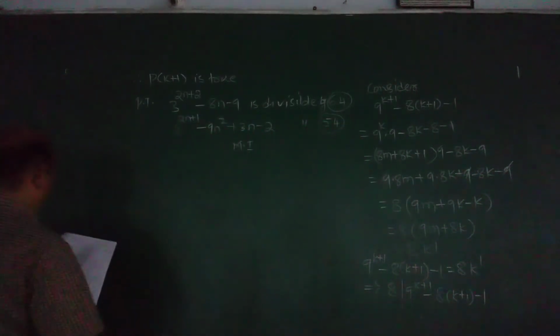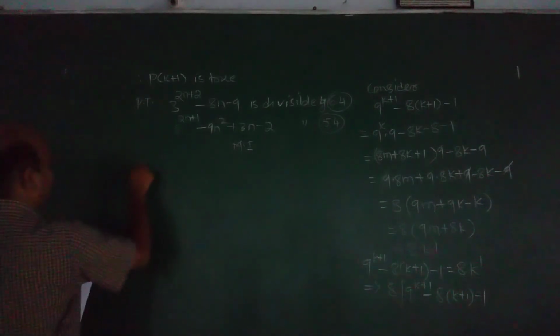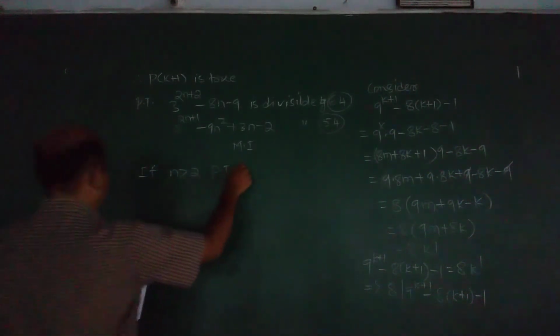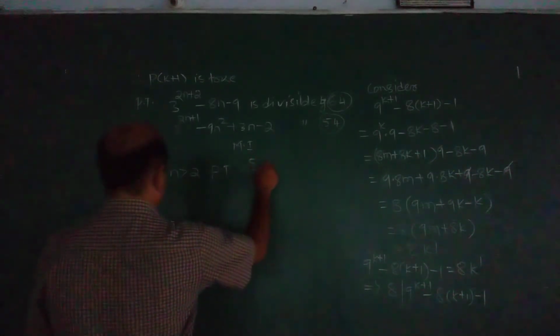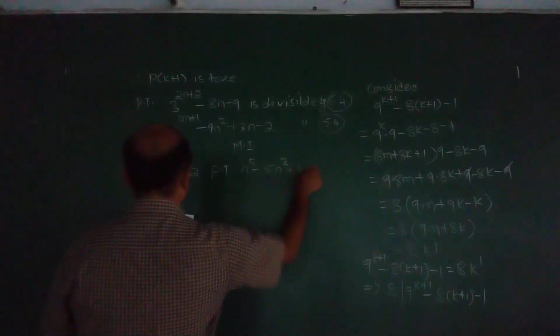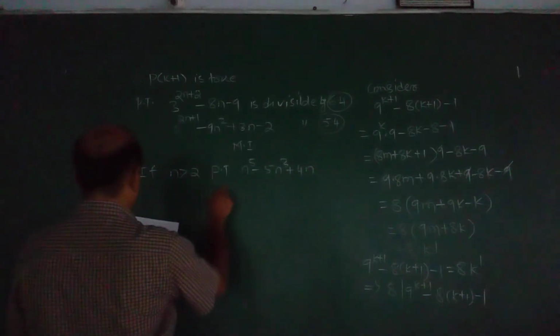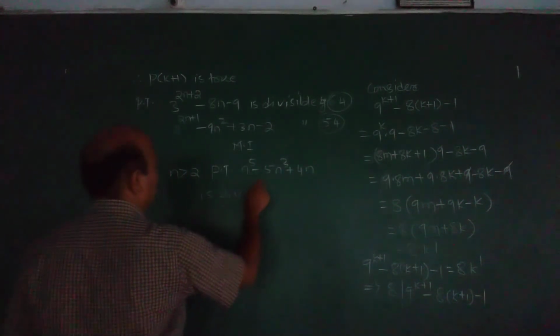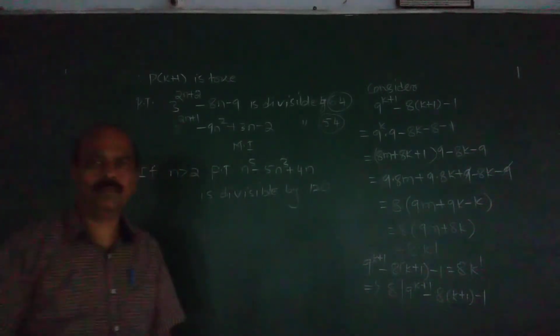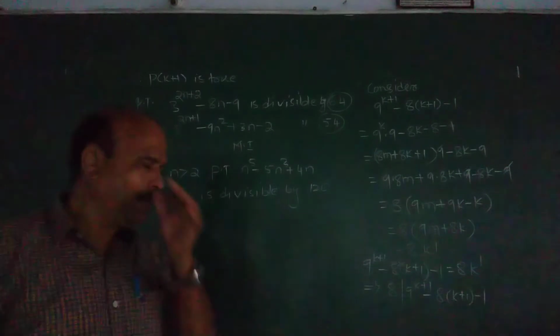Next is, if n is greater than 2, prove that n raised to 5 minus 5n cube plus 4n is divisible by 120.